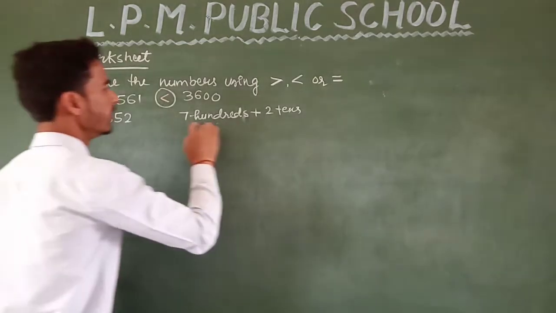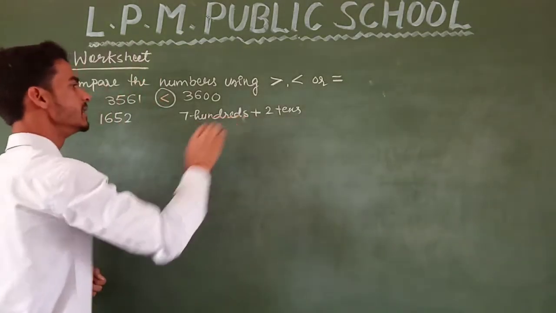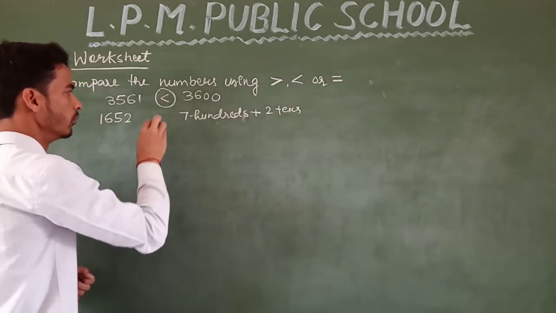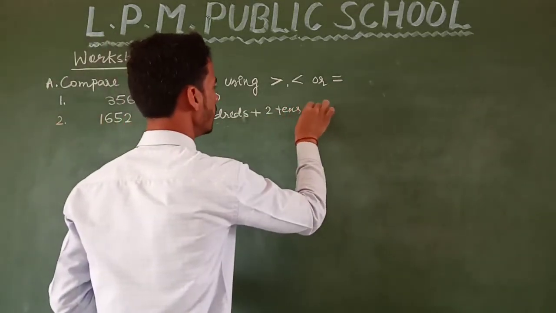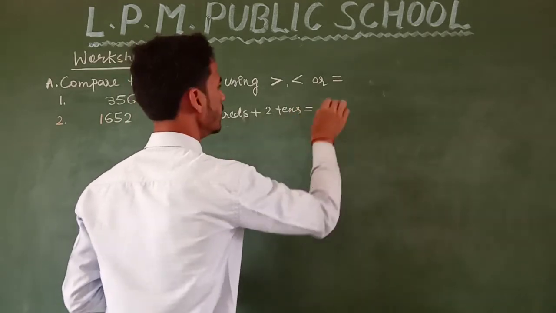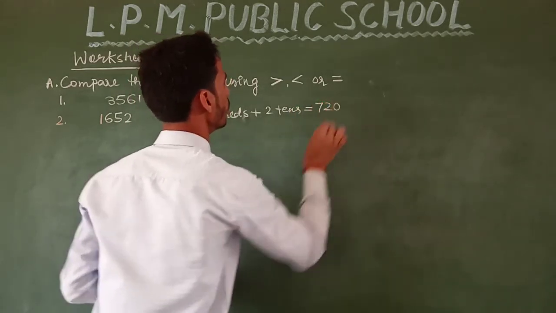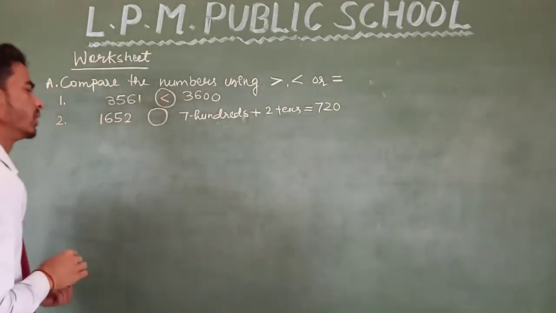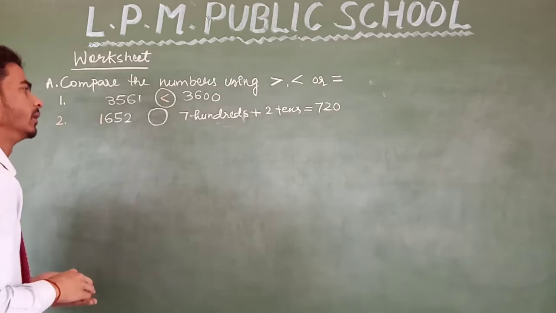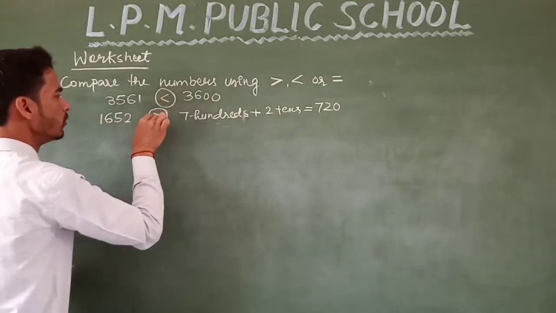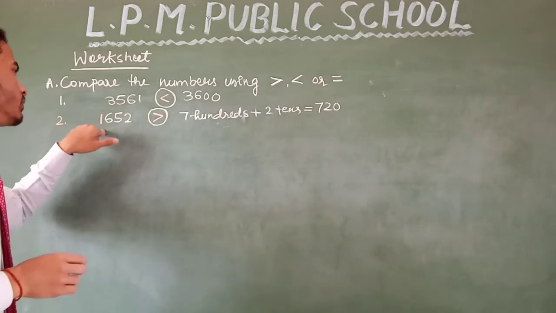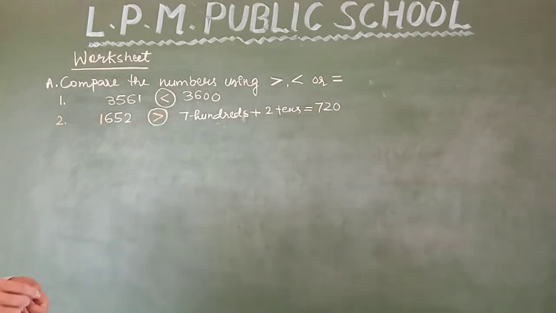You know that 700 plus 2 tens is 720. And you know that between 720 and 1652, 1652 is greater because it has greater place value. Okay, 1652 is greater than 720.